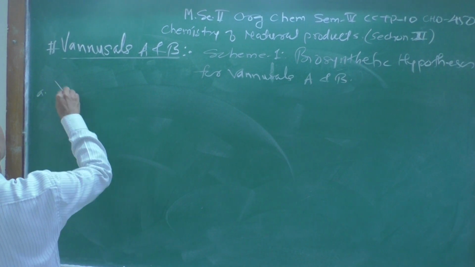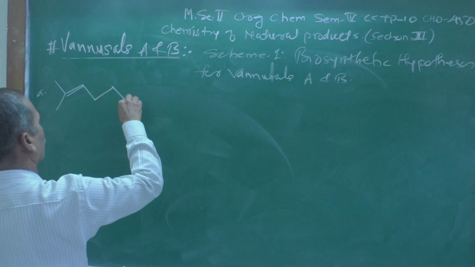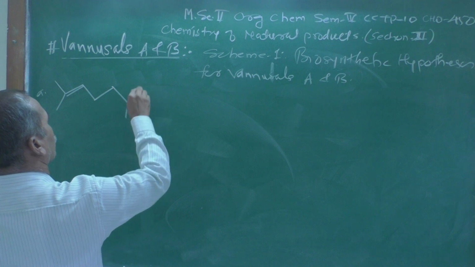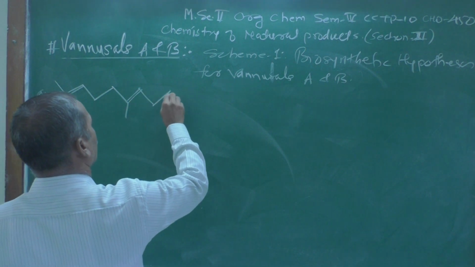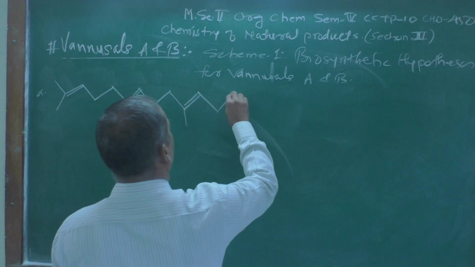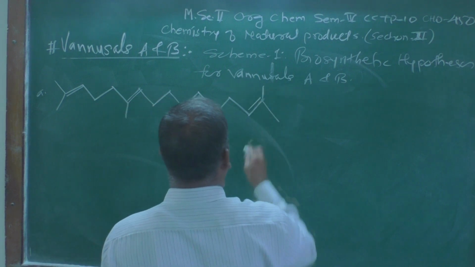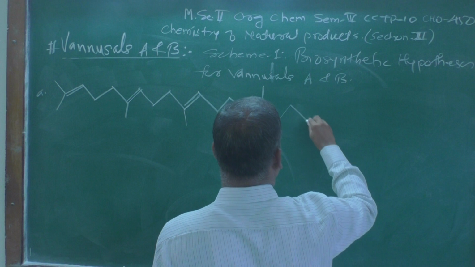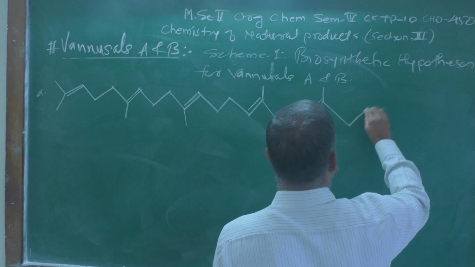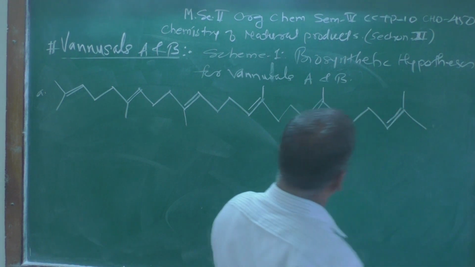A double bond, CH2 CH2, then there will be a double bond, this CH2, CH2, double bond, one methyl group over here, this double bond, one methyl group here, double bond, methyl group here, like this.